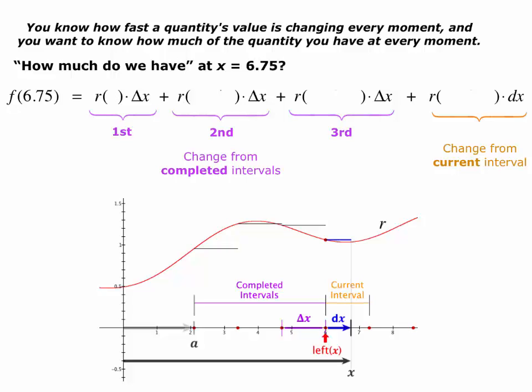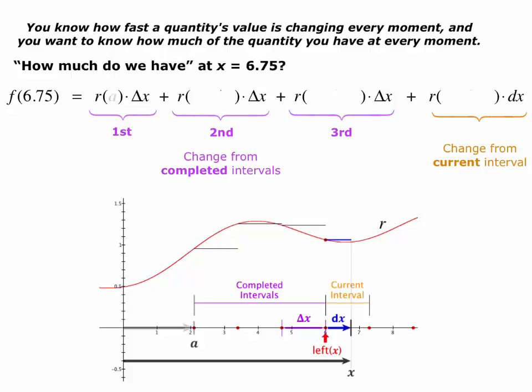So the question is, how do we get these rates? Okay, so we go to the first interval. What is the constant rate in the first interval? So this constant rate right here. How do we get this value of rate of change, which will be our constant rate for the whole interval? R of what? We don't know what that is. But how can we know what it is for sure, though?